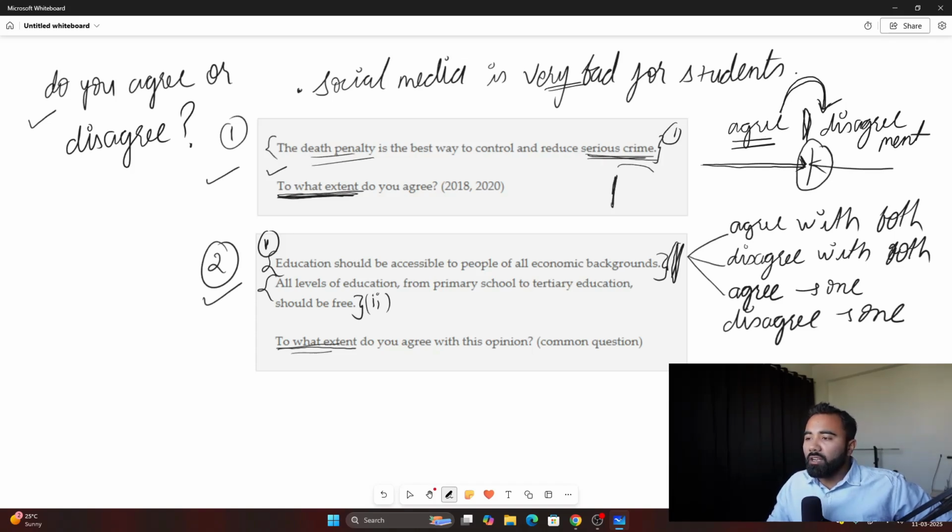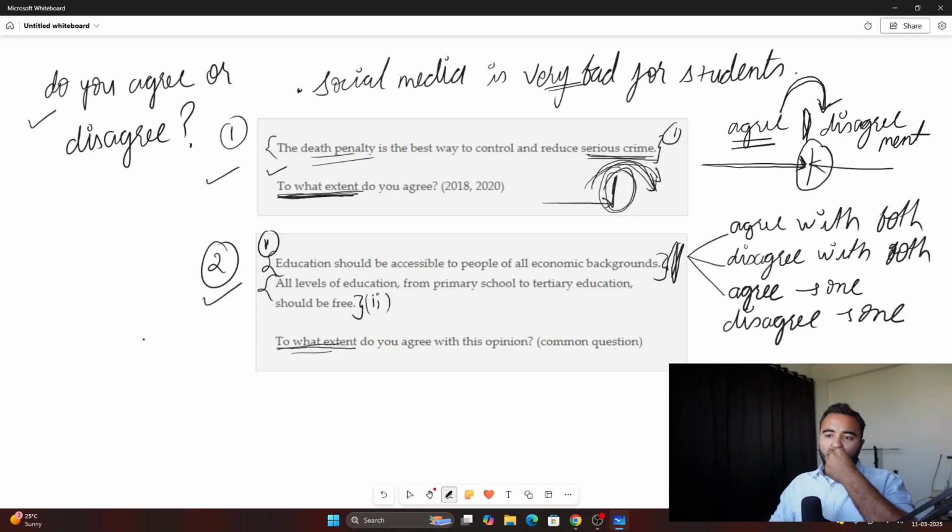The moment they are smaller crimes such as theft and all those things, other punishments are sufficient and necessary to control and regulate crimes. So I figured out that point of transition. You have to figure out that point of extent from where your agreement will change into disagreement, or your agreement will stay agreement, or your disagreement will change to agreement.